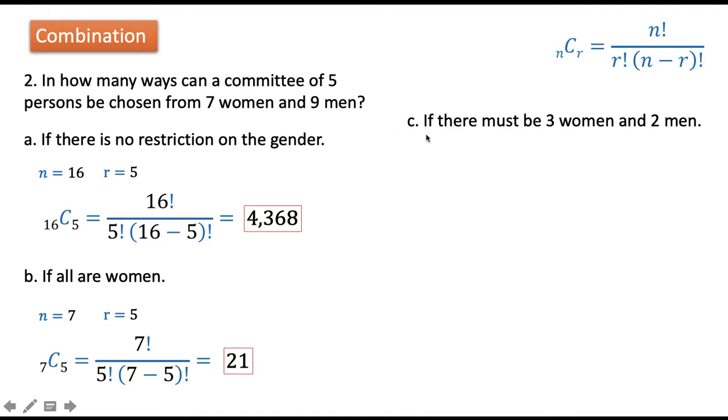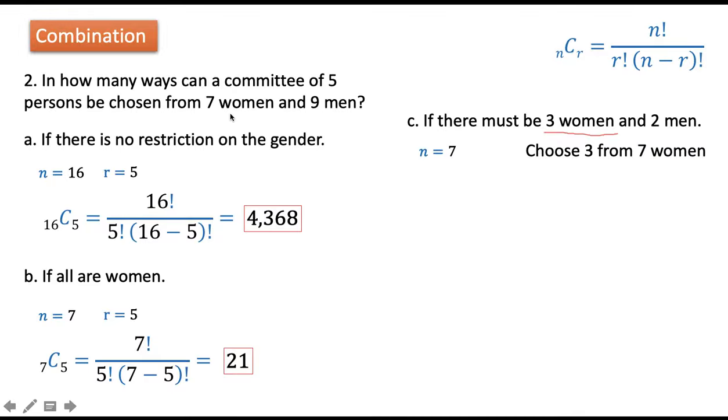And lastly, what if there's a distinct number of women? Let's say 3 women and 2 men to form a committee of 5 persons. So in here, we have 2 combinations and we're going to solve them separately. Let's start with 3 women. Since we have 7 women and we want to choose 3 out of 7 women, our n is 7.